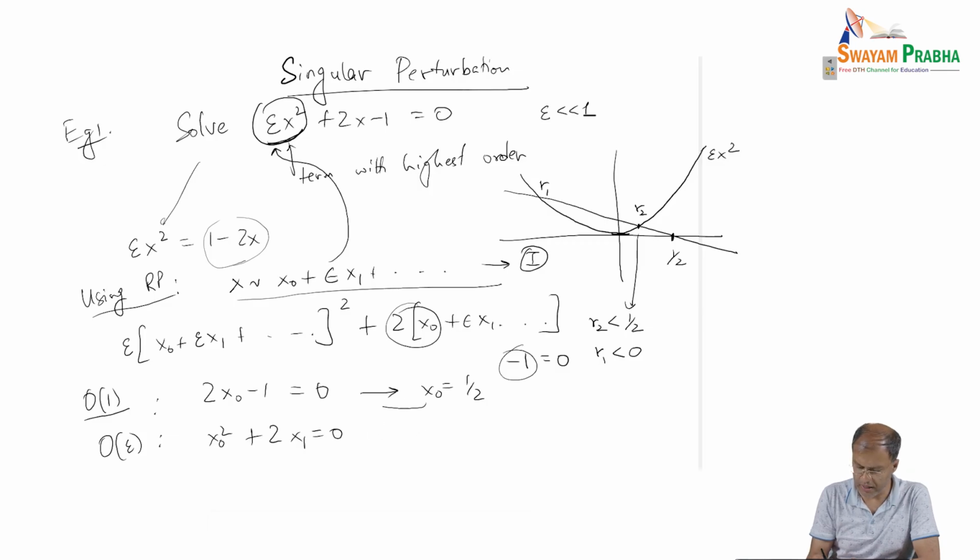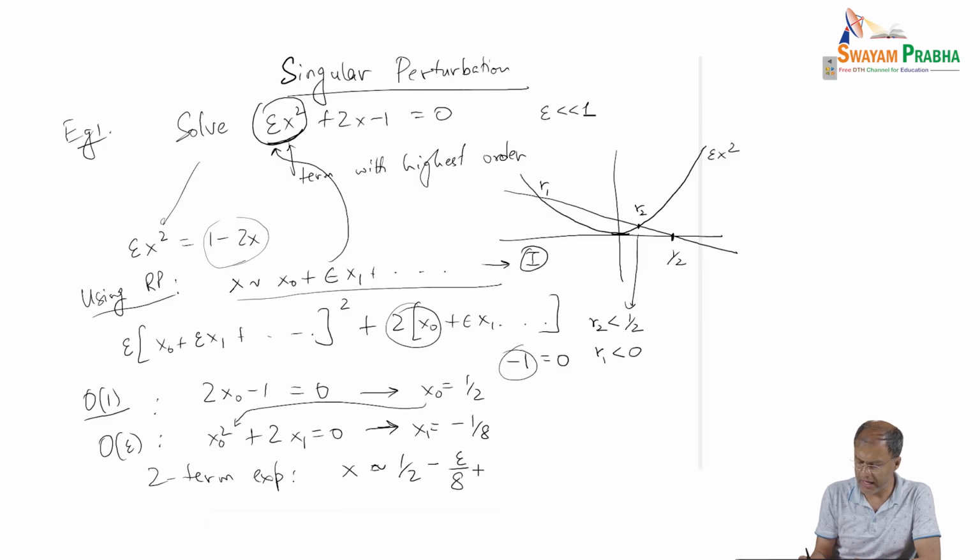From here, if we plug in x naught equal to half, we get x1 is equal to minus 1 by 8. And if we do a two-term expansion, x comes out to be half minus epsilon by 8, which we can clearly see is root number 2, which is less than half.